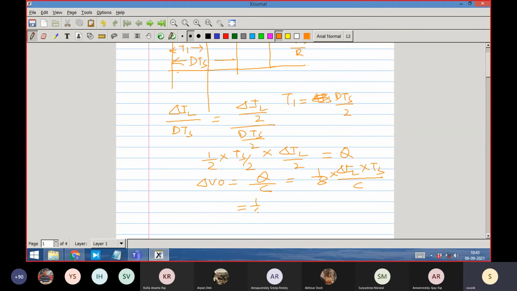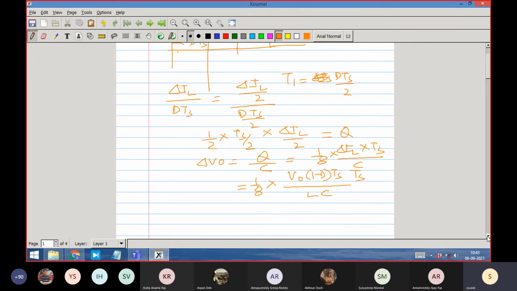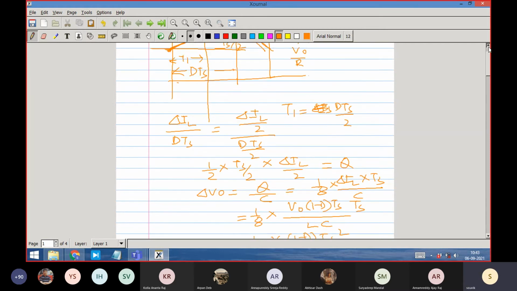And what is delta IL? I had found it earlier: V naught into (1 minus D)Ts by L. So that is equal to 1 by 8 V naught (1 minus D) Ts square by LC. So that is the voltage ripple.